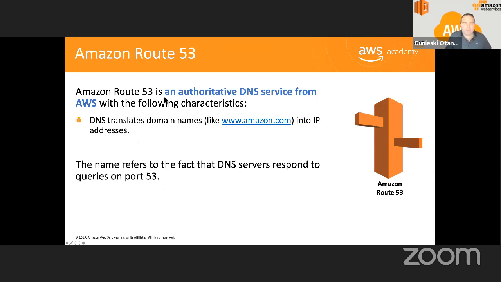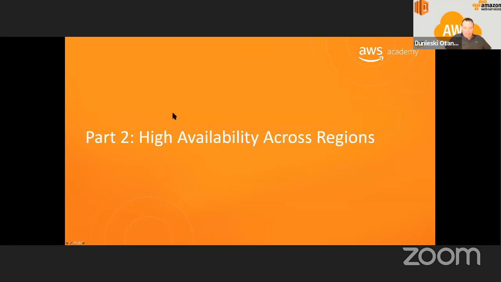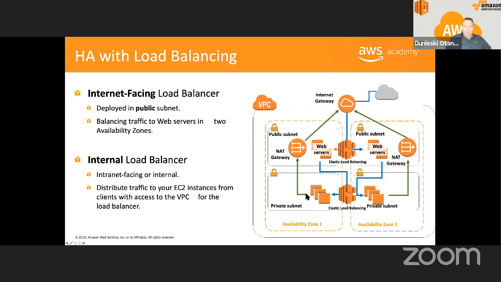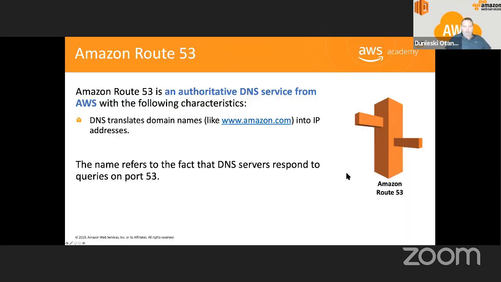So this is a high level, okay? We're working globally, right? Here, we're working in a specific zone, two zones in a specific region. If we want to do it across regions, then we have to use this guy.